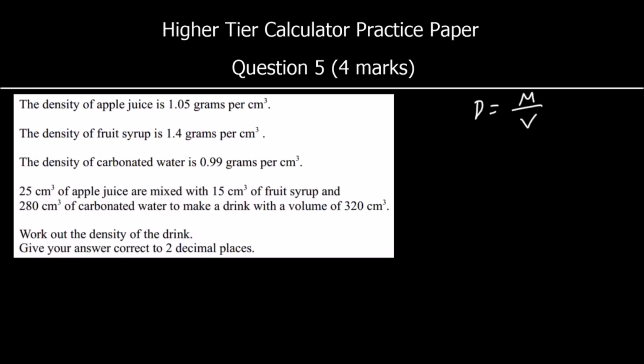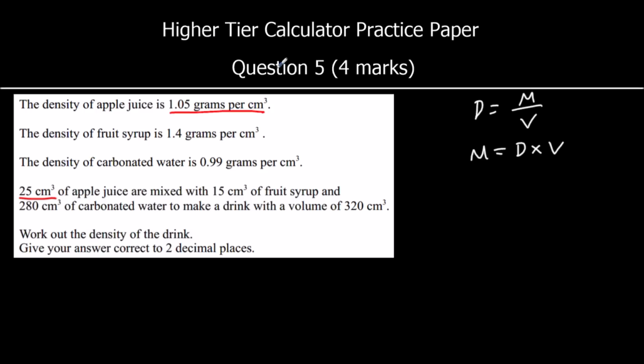So for each of our parts, we've got the density and the volume. We don't have the mass. So we can work out the mass of each of these. If you times both sides by volume, you get mass is density times volume.